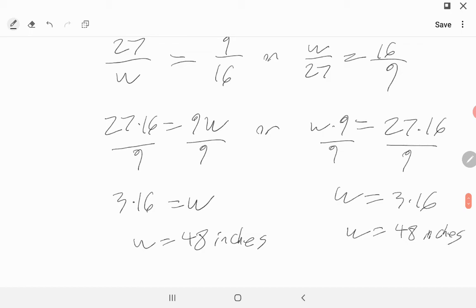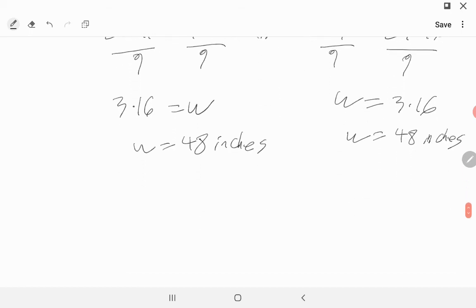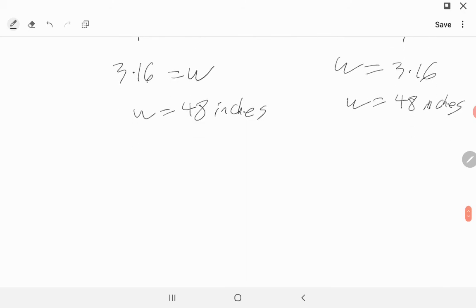And so that's a pretty classic scenario. If we wanted something similar, most of these kinds of questions are going to be very similar. We notice that if we had similar triangles, that's another classic case.